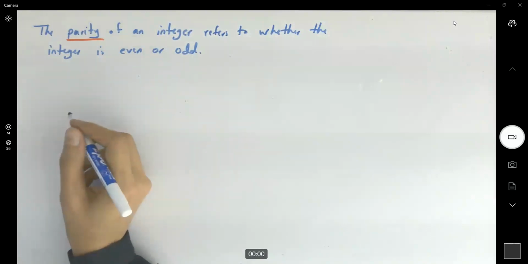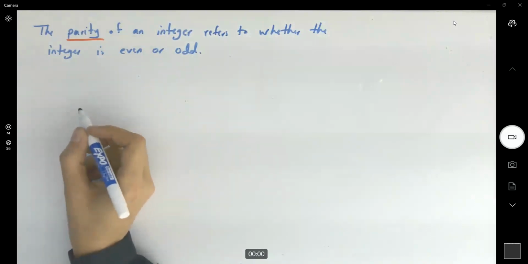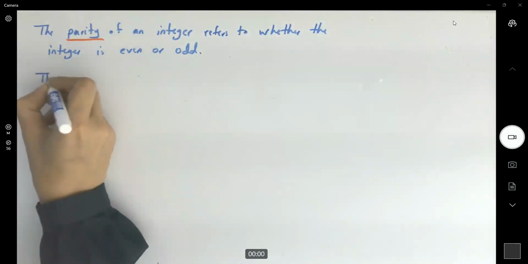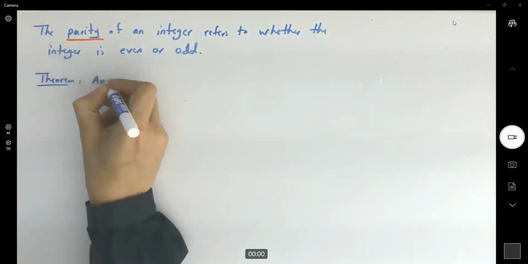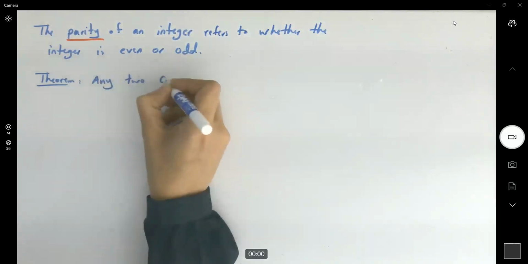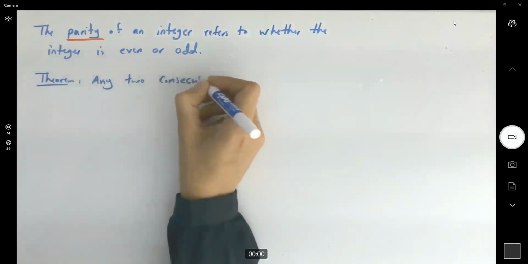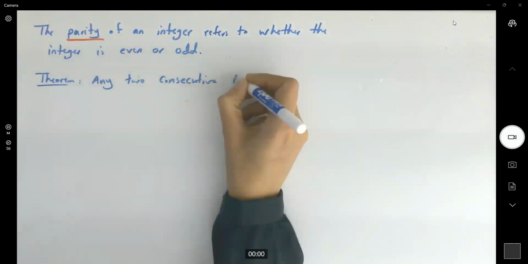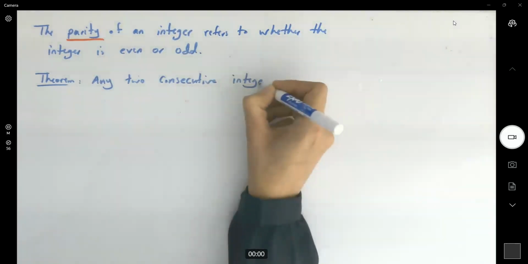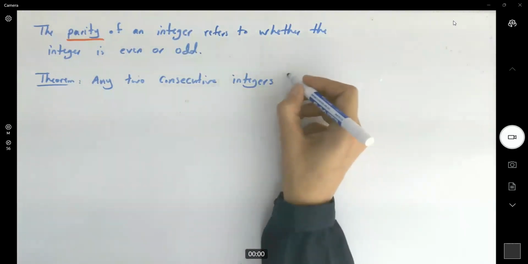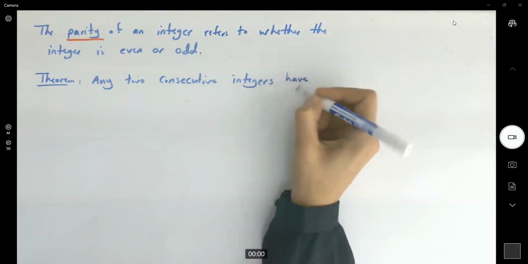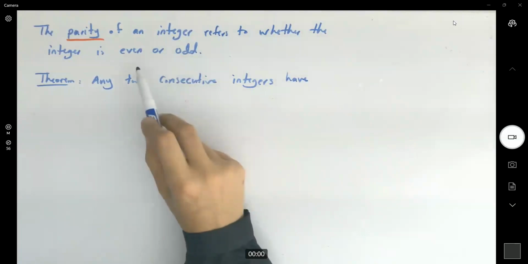Any two consecutive integers have opposite parity. Theorem. If you have two consecutive integers, they definitely have opposite parities.